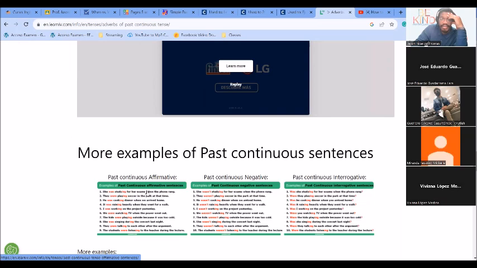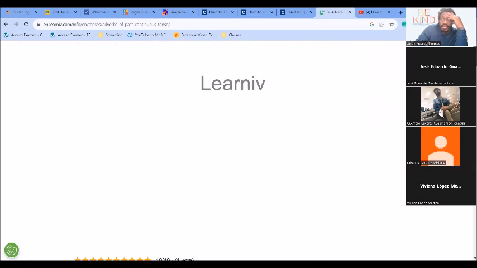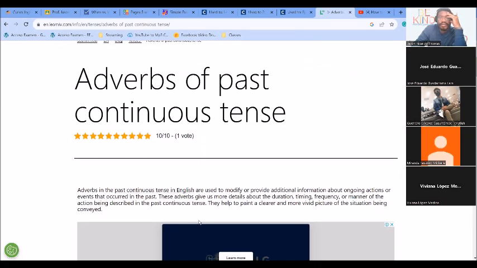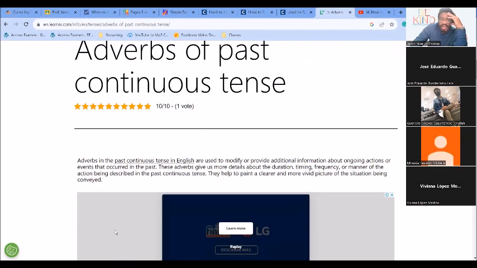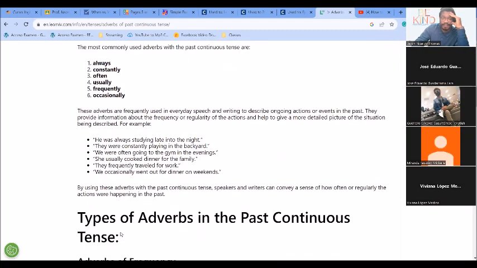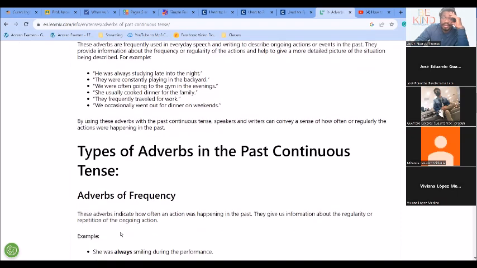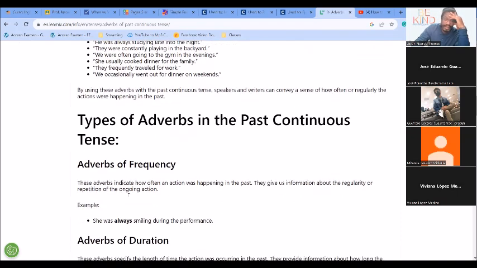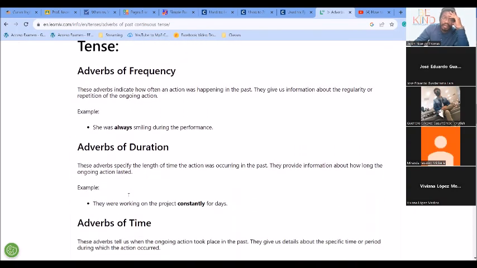Usually it's time, duration, frequency, etc. The goal that I want you guys to focus on with the past continuous is being able to express the ideas a little bit more clearly by adding these adverbs. Now, we saw the use of adverbs of time already, particularly frequency adverbs, duration, for how long.